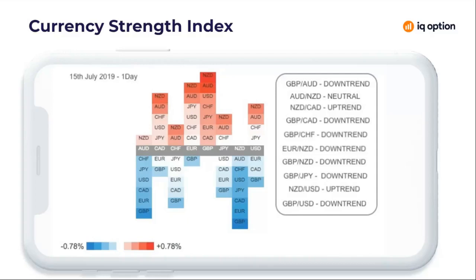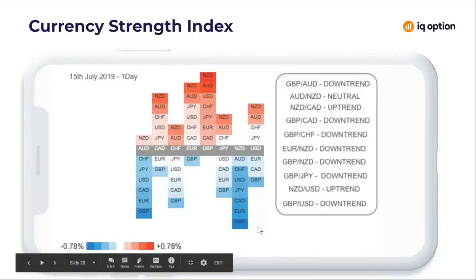Now, when we're looking at NZD, it is much stronger than Canadian, according to this strength index. So you've got an uptrend. And this just keeps going. This is how I broke down the currency strength index and analyzed these.